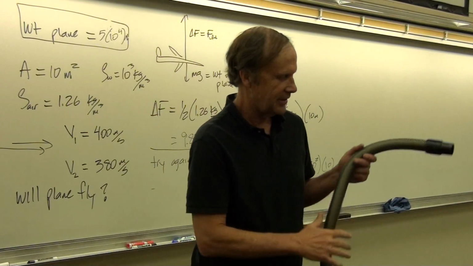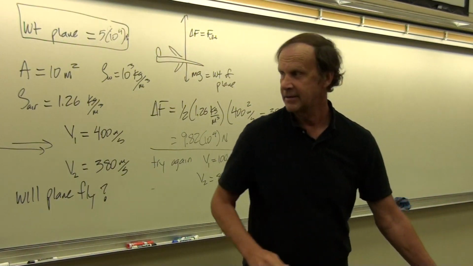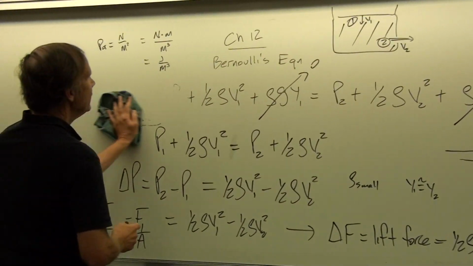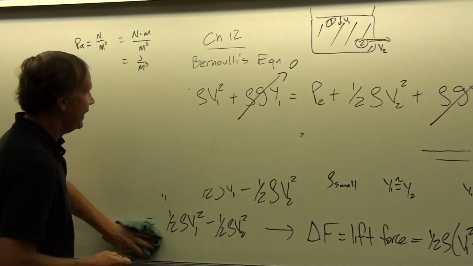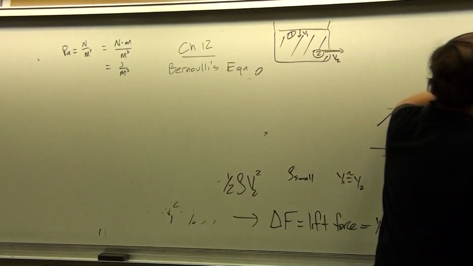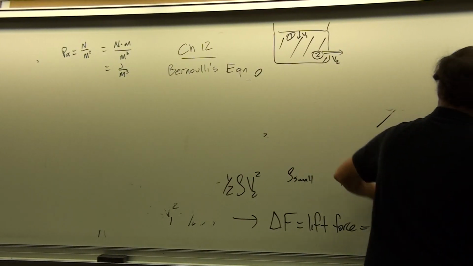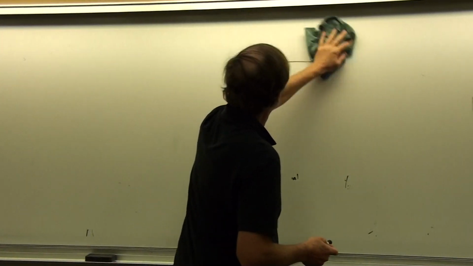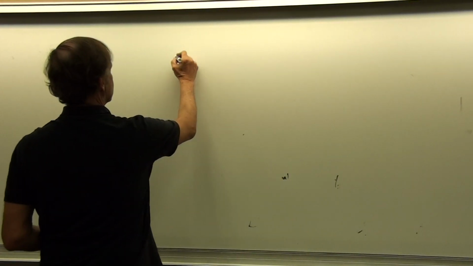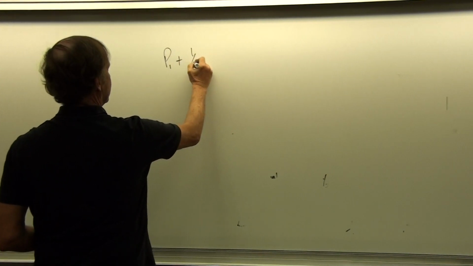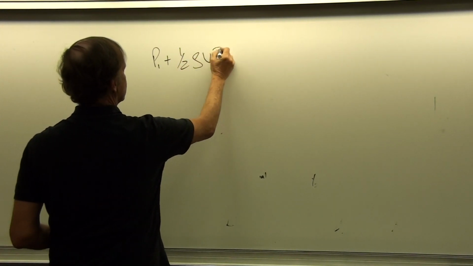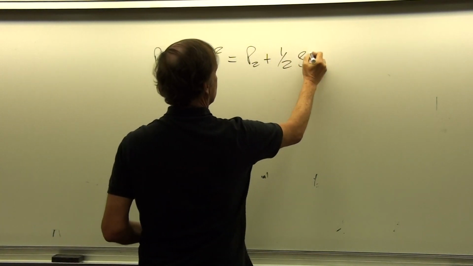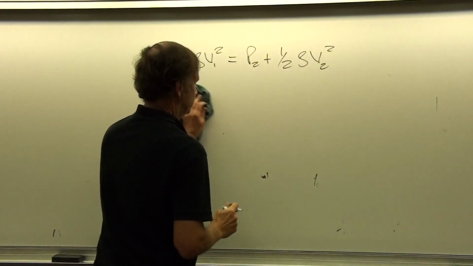So we might wonder then, well, what causes that? Well, I can show you here with some streamlines of air. And the relevant part of Bernoulli's equation that works for airflow, which is P1 plus 1/2 rho V1 squared equals P2 plus 1/2 rho V2 squared.